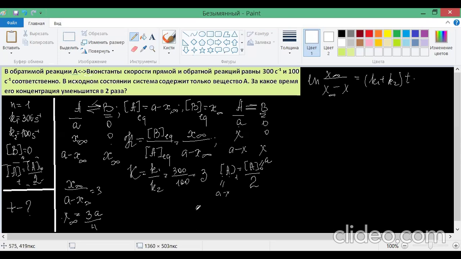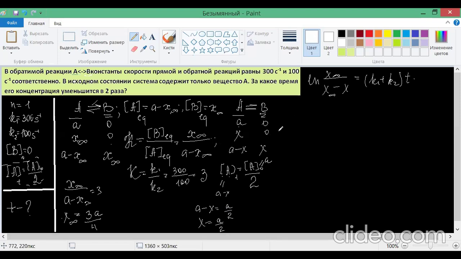So let's write it. A minus X is equal to A over 2, half A. In other words, X is equal to A divided by 2.